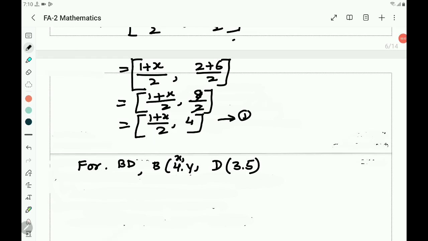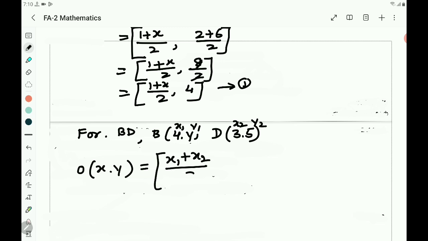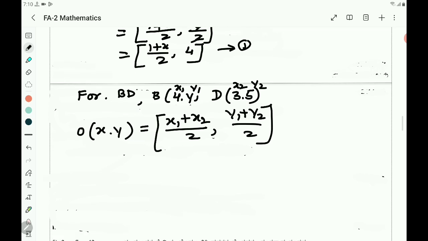Again you mark x1, y1, x2, y2. Then you write the formula, O, which is the midpoint of BD also. O(x, y) equals, write the formula, (x1 plus x2) by 2, (y1 plus y2) by 2.